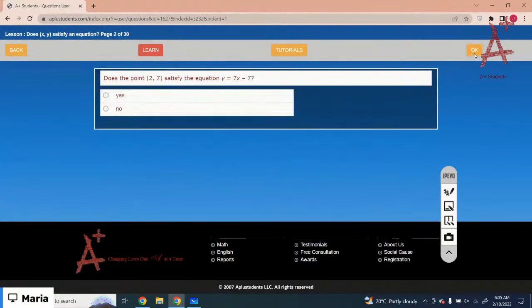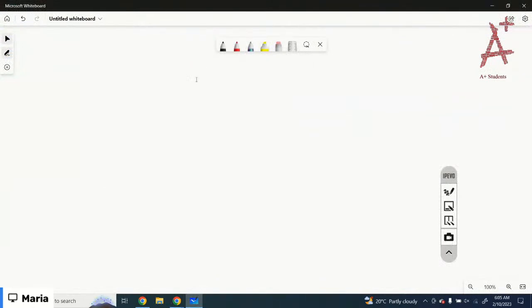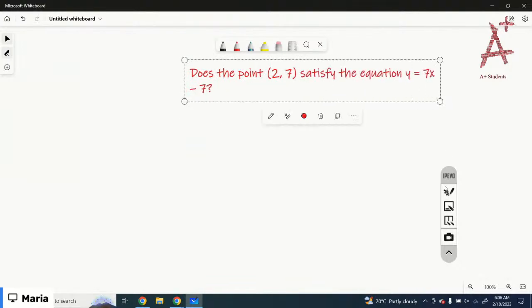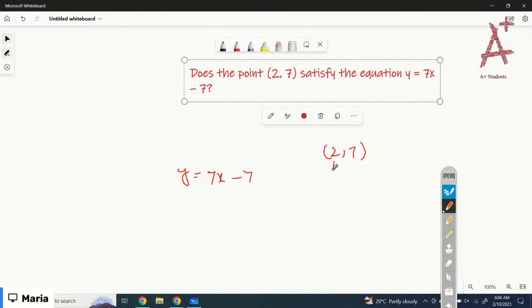Okay, the next one is, does the point (2, 7) satisfy the equation y equals 7x minus 7? The point is (2, 7) and the equation is y equals 7x minus 7. This is the x value and this is the y value.